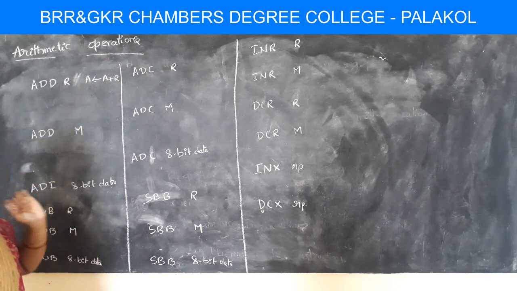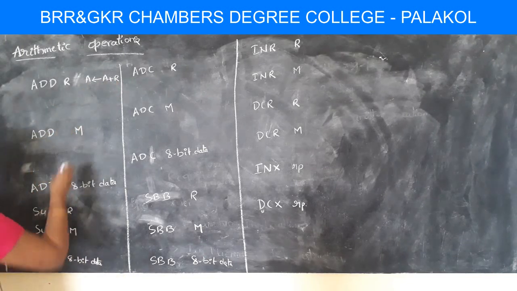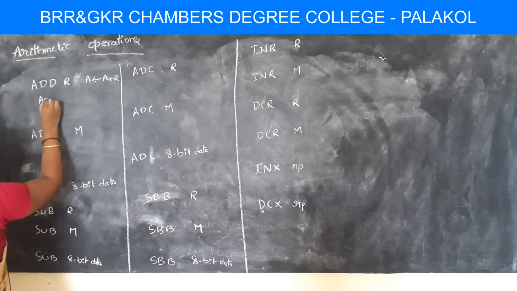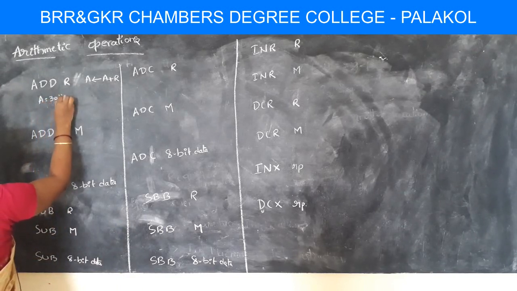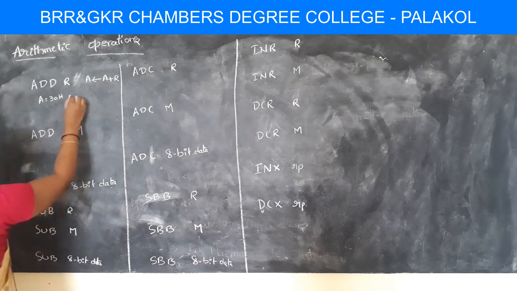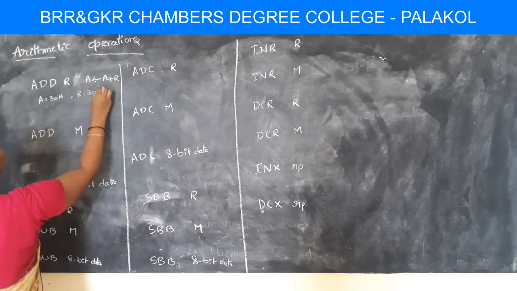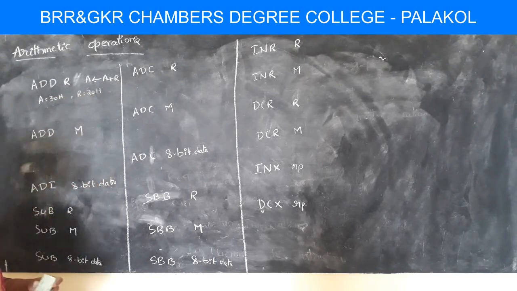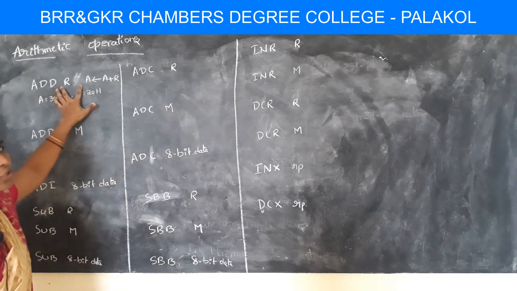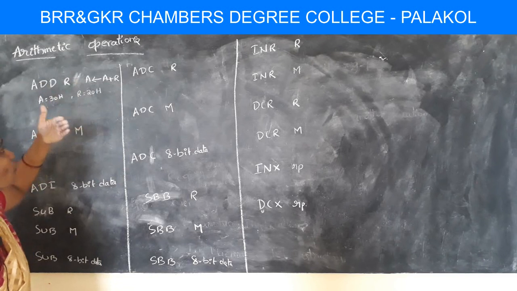For example, I will consider one example. Initially A is equal to 30H, and R is equal to 20H. After the execution of this instruction, what is the meaning?